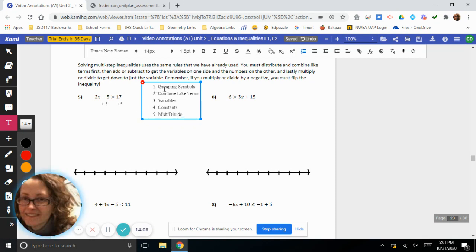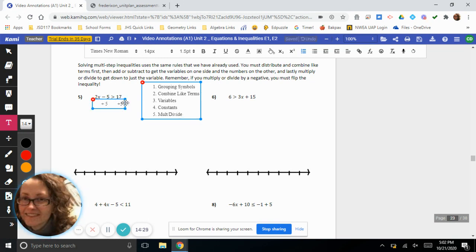So these are the steps that in my head I am going through every time I see one of these equations. Do I have grouping symbols? No, not for this one. Do I have to combine like terms? Not for this one. Do I need to move my variables? Well, all my variables are already to the left, so I don't have to do that step.